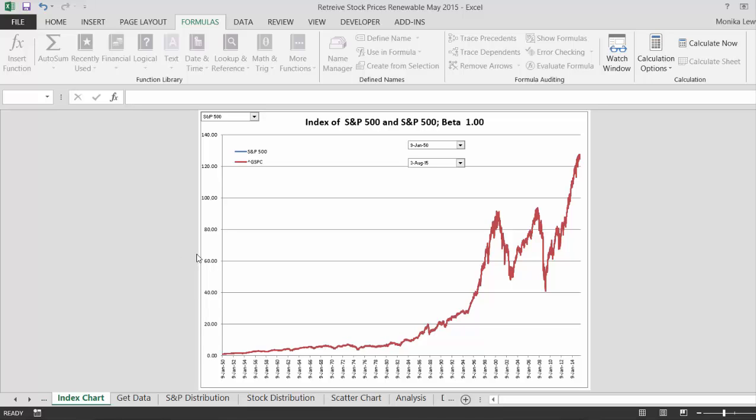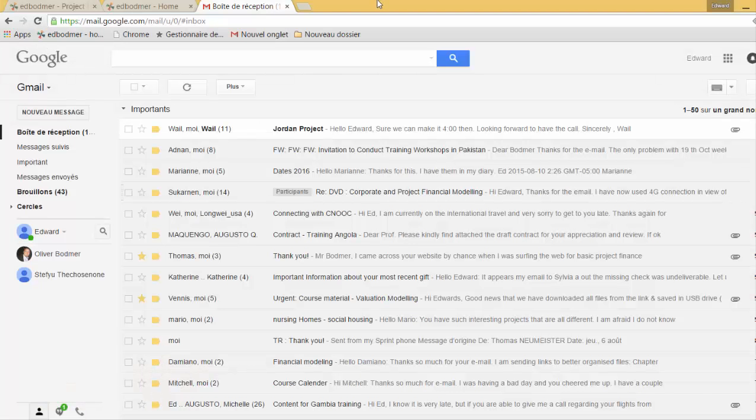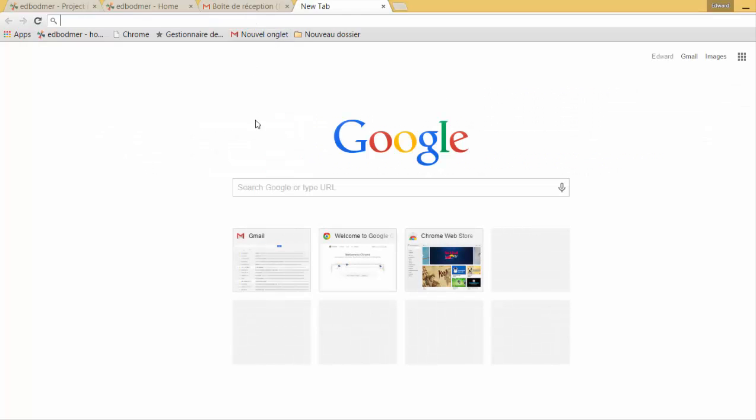Let's look at the next problem with beta. Let's look at some. How about we'll go to finance.yahoo.com.